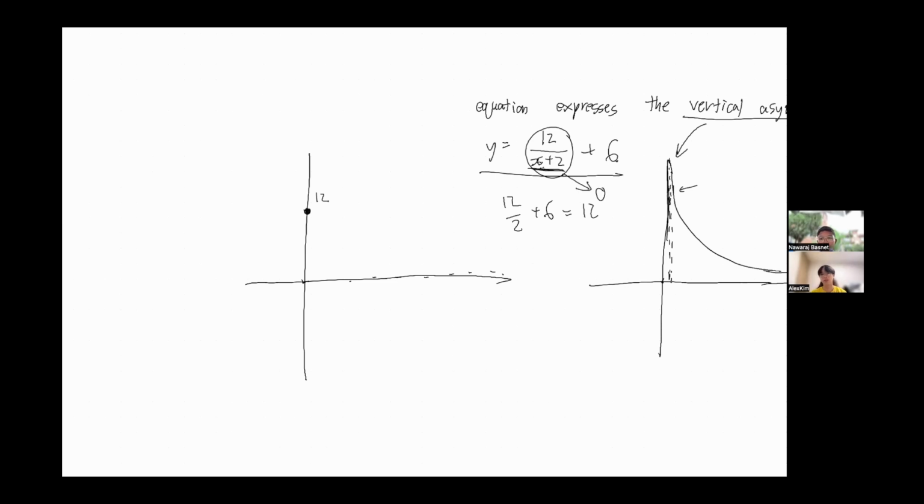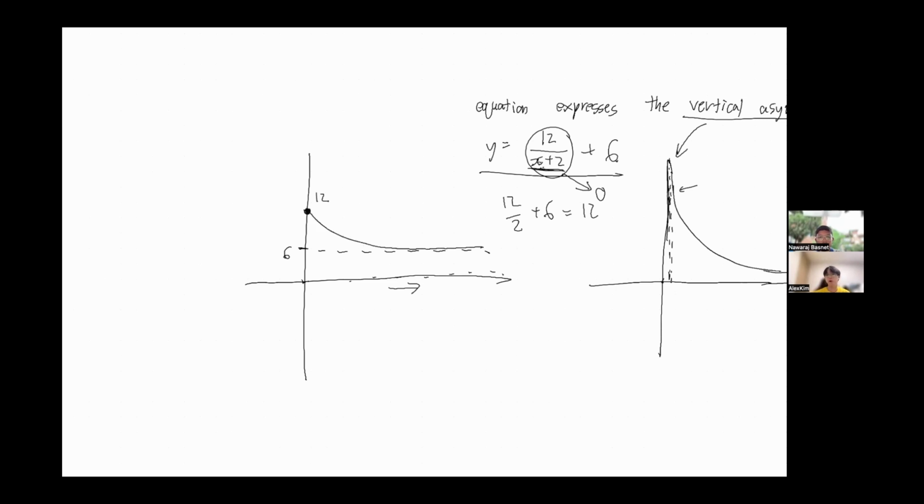If the denominator is like 1,000, but the numerator stays the same at 12, and the denominator keeps increasing to infinity, then we can say it's 0, right? So as x increases in the positive direction, the y value will start to approach 6, but never touches the line y equals 6. It keeps on decreasing and approaches 6.